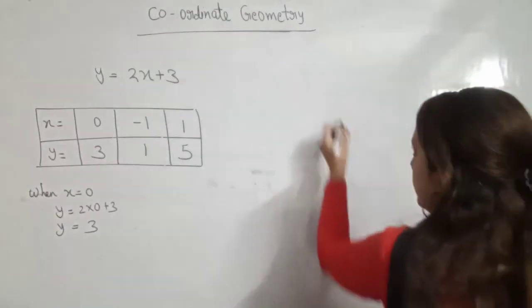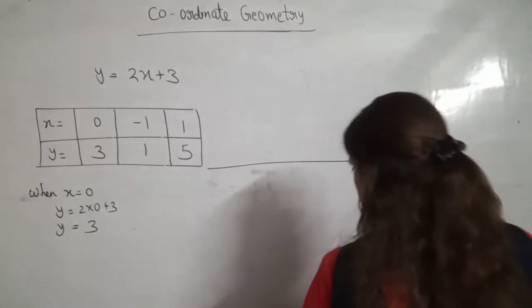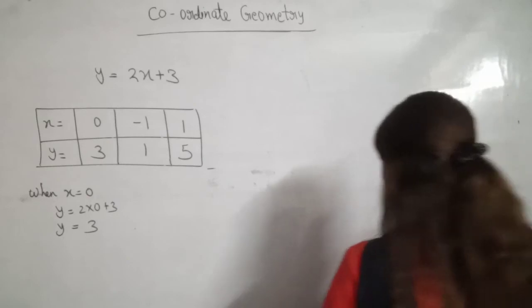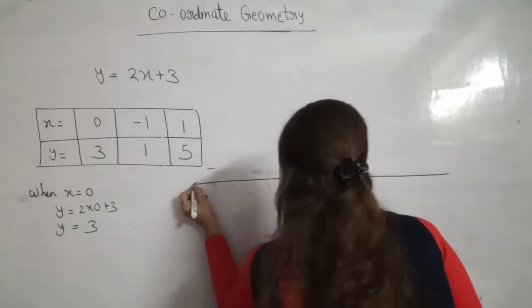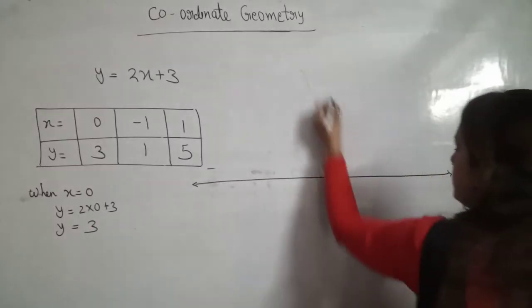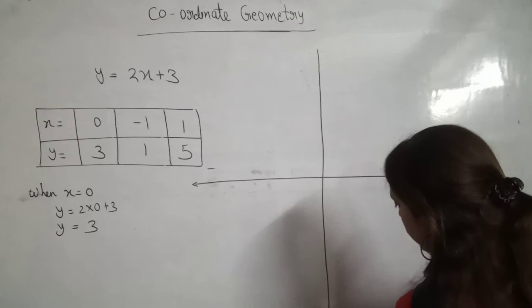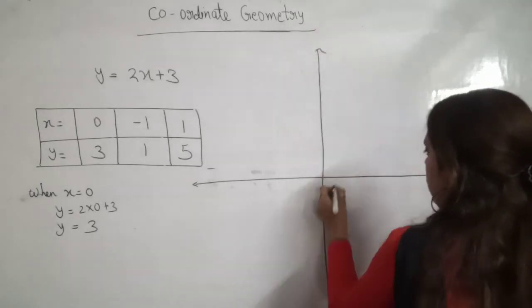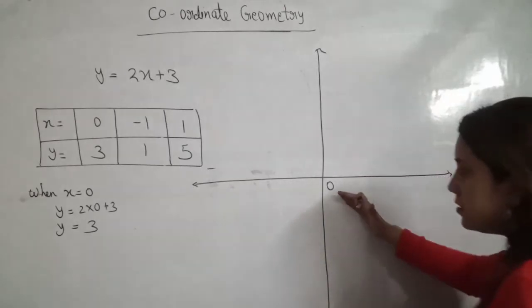Let's see. First draw the x-axis, and a perpendicular line on the x-axis, the y-axis. This is the origin where the x and y axes intersect each other.